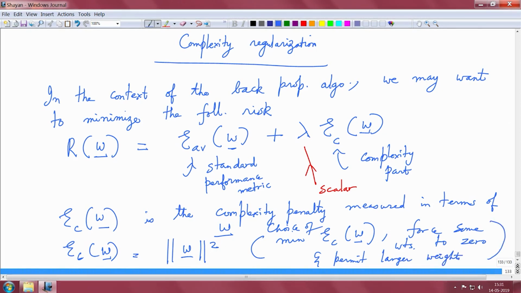So in that sense we are kind of pruning some of these weights that have no significance to the performance of the network, or dead neurons can be sort of weeded out.